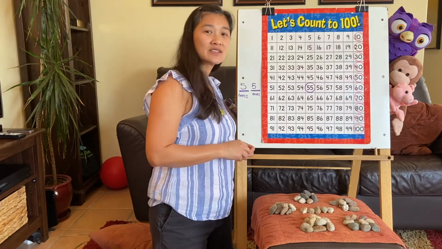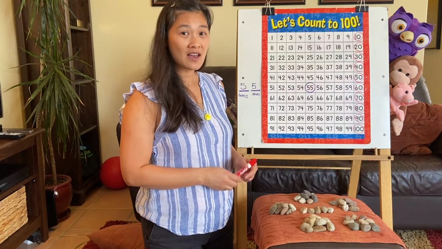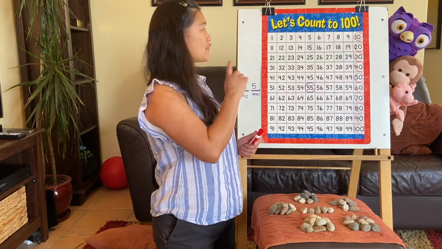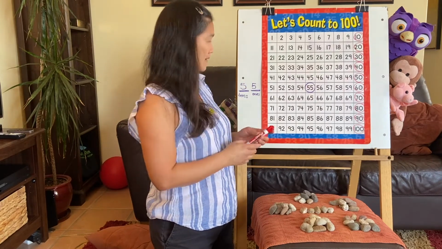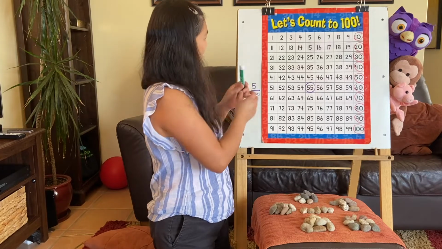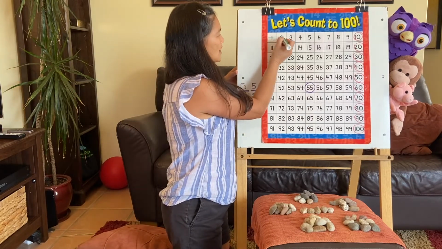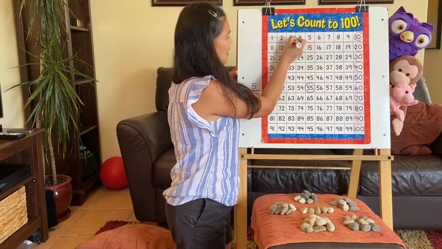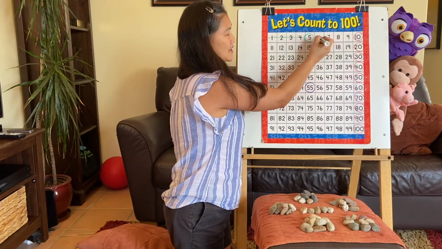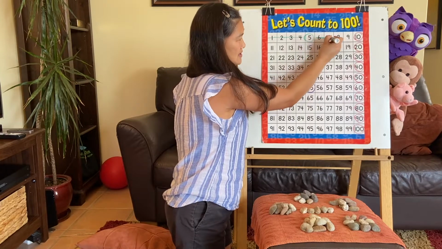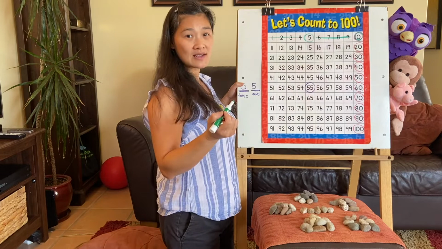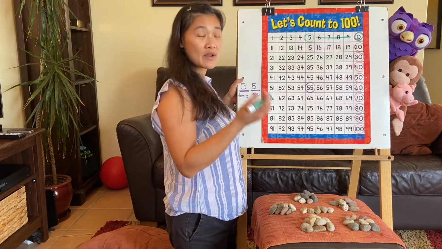But now, let's try counting by 5. That means we skip count. We skip 4 of them and we count the 5th one. So starting at 1, I would skip 1, 2, 3, 4, and I would count 5. Okay, then I would skip 6, 7, 8, 9, and I would count 10 because 10 is 5 more than 5.